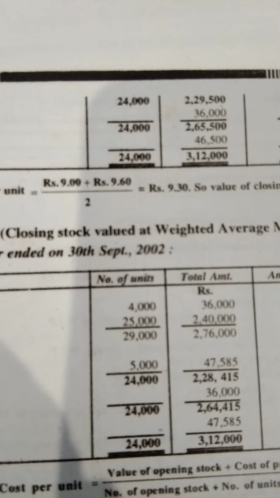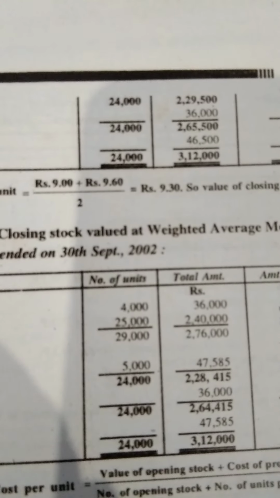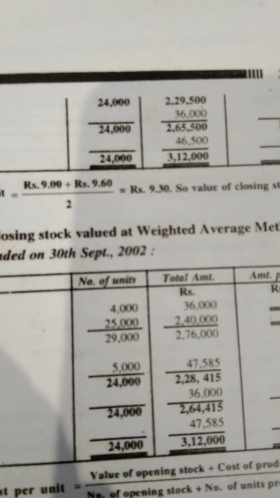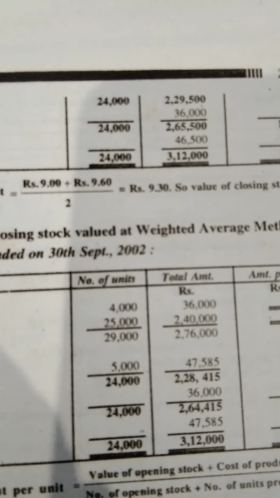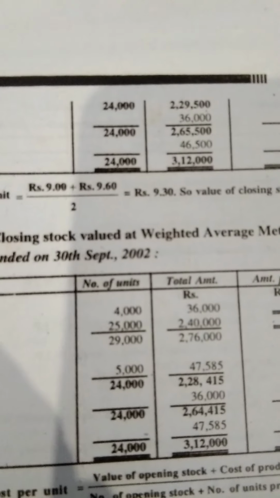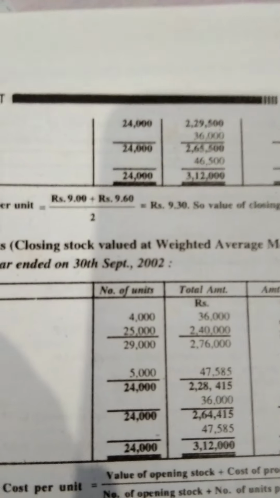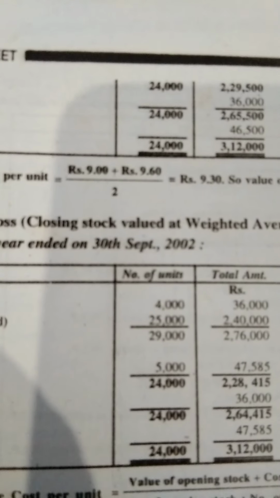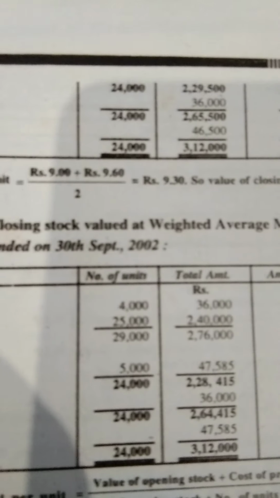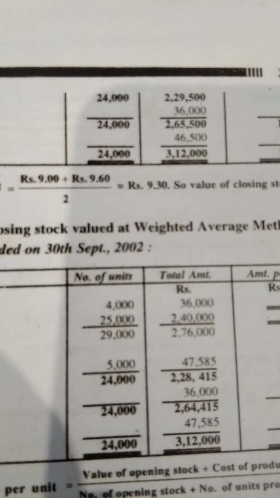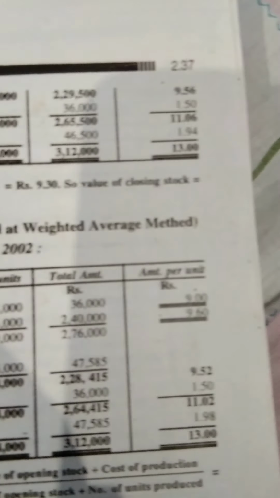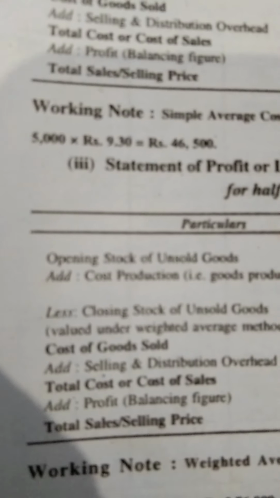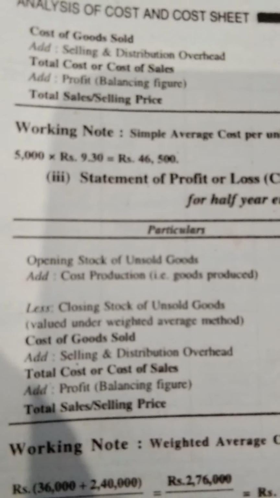The price of 4,000 units is rupees 9 per unit, and the price of 1,000 units is rupees 9.60 per unit. And what is the simple average? As simple as that, 9 plus 9.60 divided by 2. That's why the value came out as 9.30. Next, as we got the value 9.30, the value of closing stock will be 5,000 into 9.30.